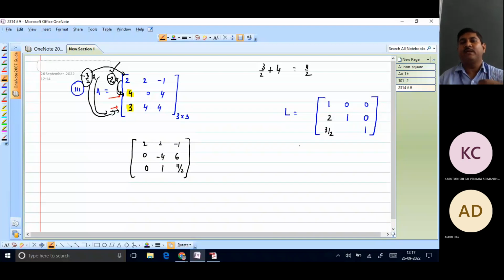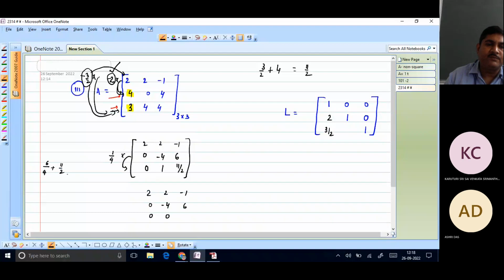And lastly, I am worried about the position in 3, 2. For that, I will multiply 1 by 4 to the second row and I will add it to the third row. So I am getting 2, 2, minus 1, 0, minus 4, 6, 0, and here also I am getting 0. So here you will get 6 by 4 plus 11 by 2.